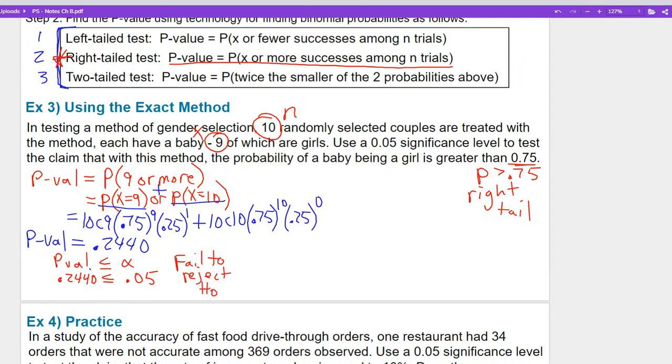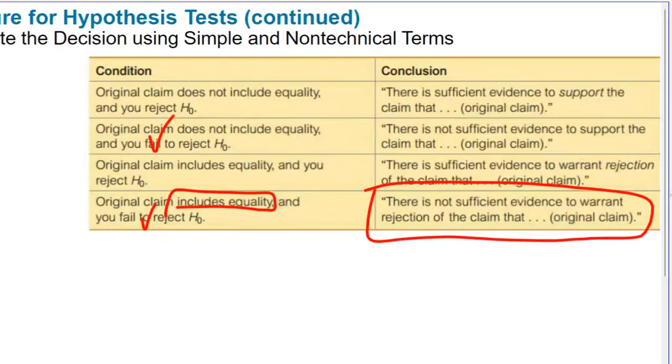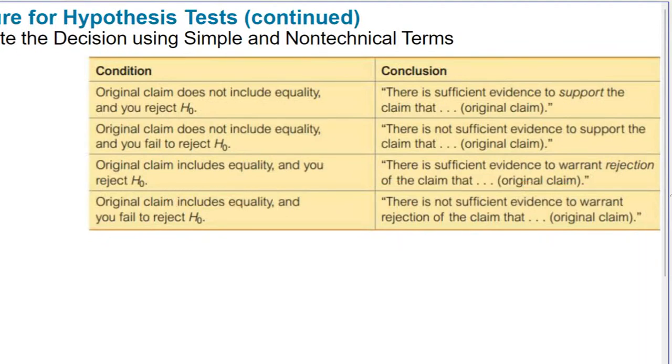Fail to reject the null. So we fail to reject the null, and the original statement did not include equality. Look at this chart. We fail to reject the null, and it does not include equality.